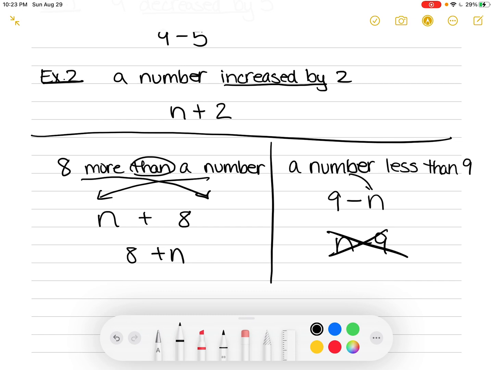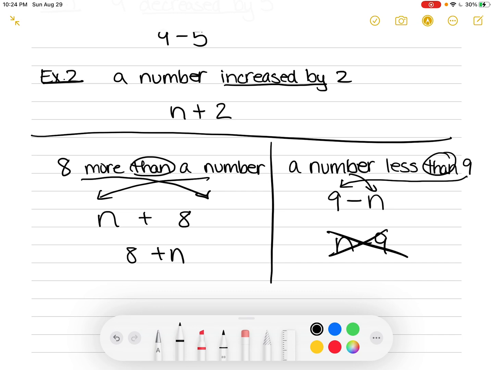So when I have that word "than," you're going to flip around your numbers. So if I said 4 less than 7, what is 4 less than 7?